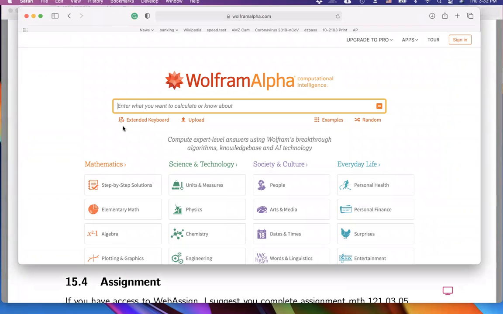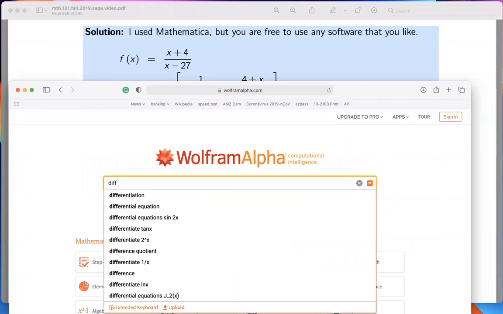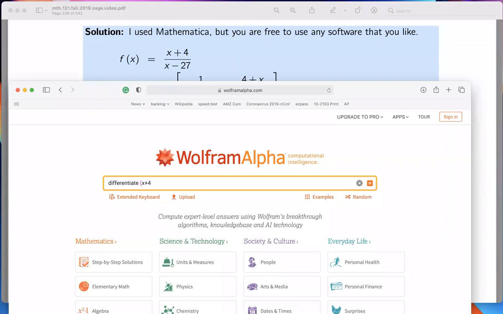And what I want to do is type in, I want to differentiate, let's see, x + 4 divided by x - 27. And by the way, I'm not a big fan of using Wolfram Alpha, but a lot of people are. They think this is the best thing possible. I want to warn you about this, though. I'm going to differentiate this with respect to x.